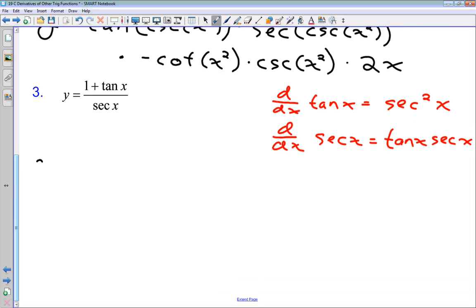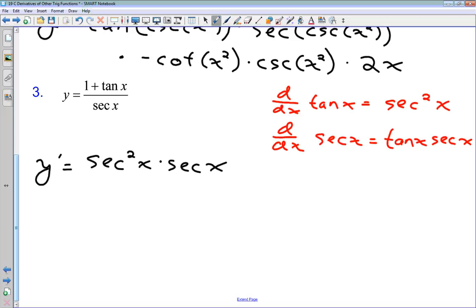We want derivative of the numerator, which is 1 plus tan x. Well, the derivative of the 1 is 0. Derivative of tan x is secant squared x. Multiply by the denominator, which is secant x.